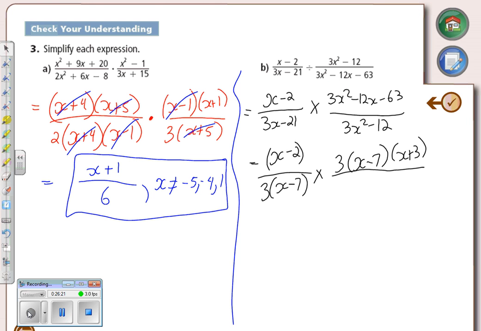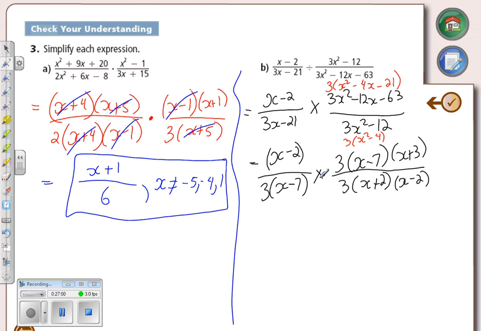This one, when we pull out the 3, we actually get x squared minus 4, which is a difference of squares. This one here, when we pulled out the 3, we got left with x squared minus 4x minus 21. So factoring the x squared minus 4, difference of squares, we get 3 bracket x plus 2, x minus 2.